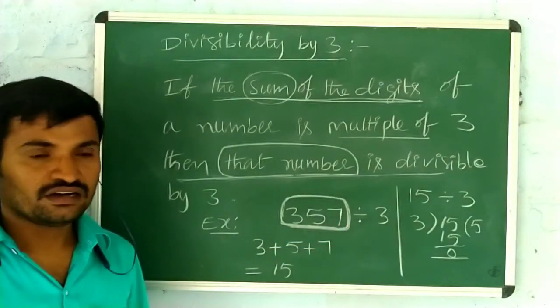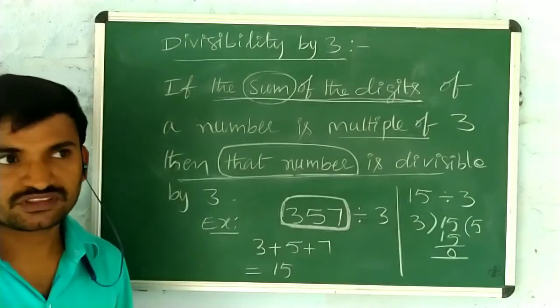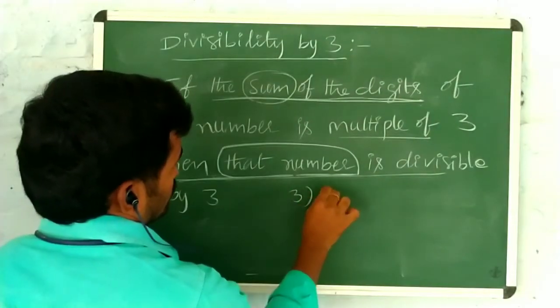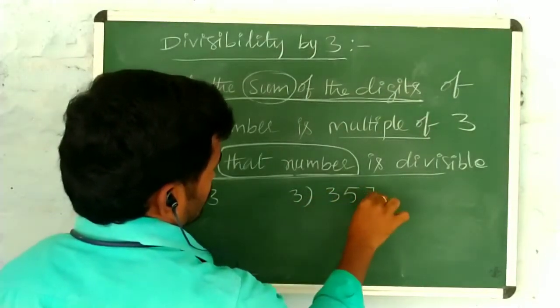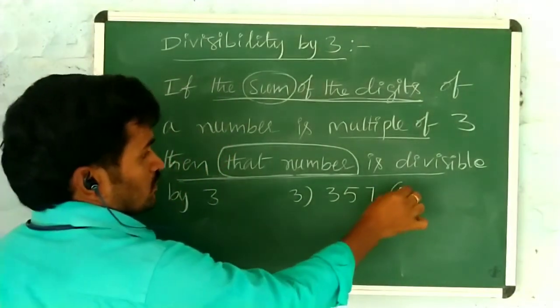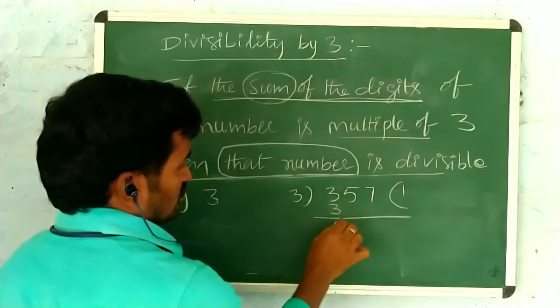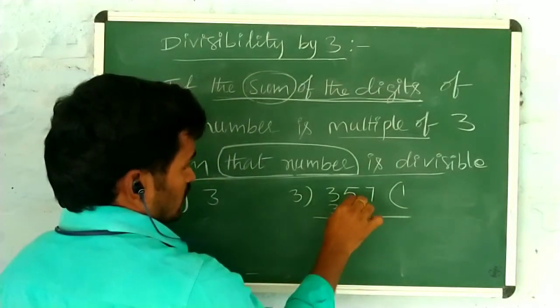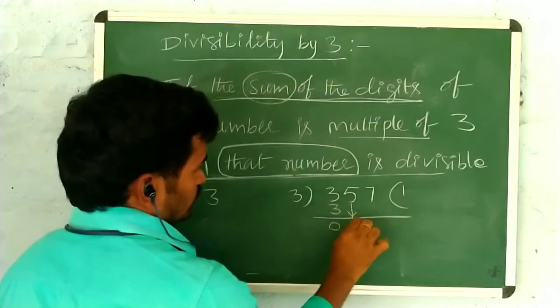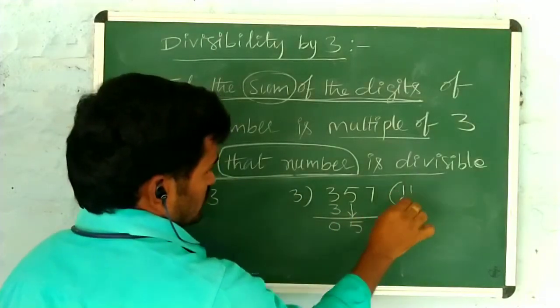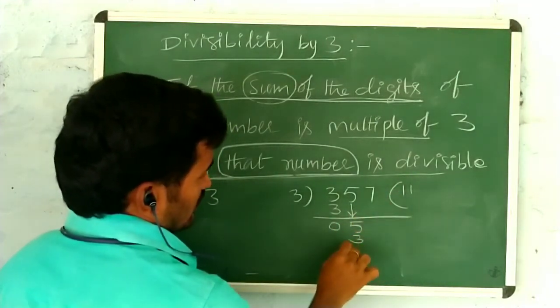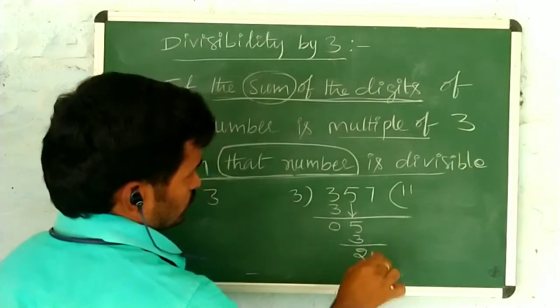Okay, let us see the actual division method. Here 3 1s are 3, remainder 0. Next taking 5. 3 1s are 3, the remainder is 2.